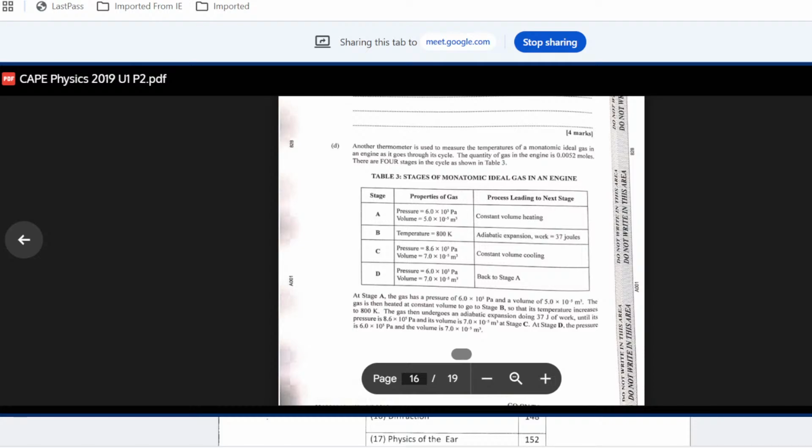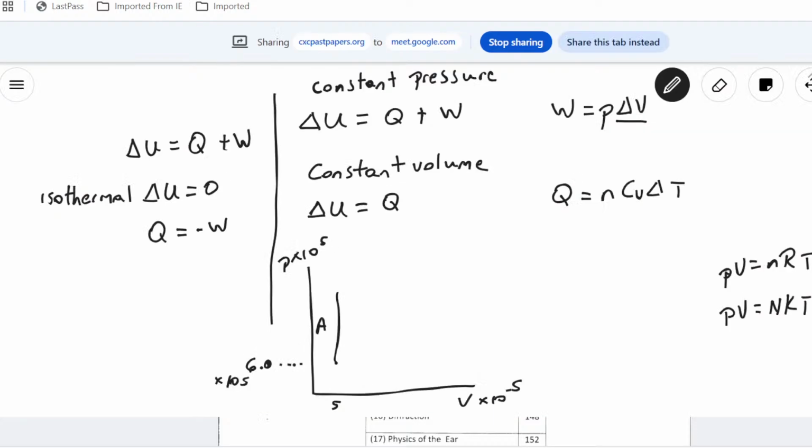Alright. And it's an expansion. So if it's expansion, what's happening? The volume is increasing.